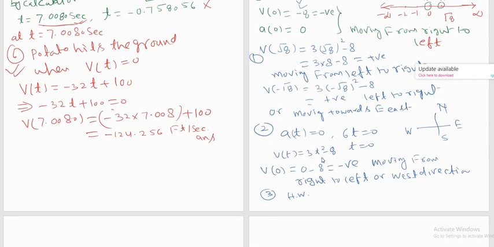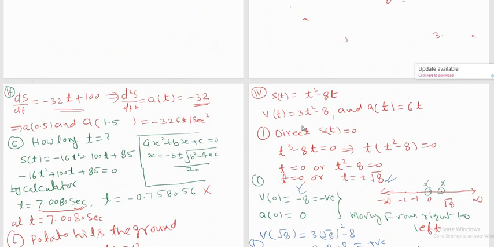So 6t is equal to 0 and the velocity is 3t squared minus 8. At t is equal to 0, it is negative, which means moving right to left, or you can say the west direction.